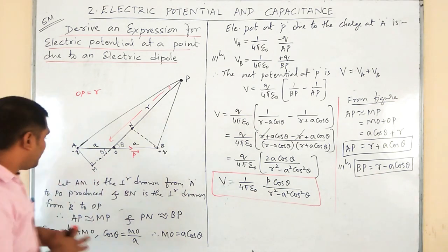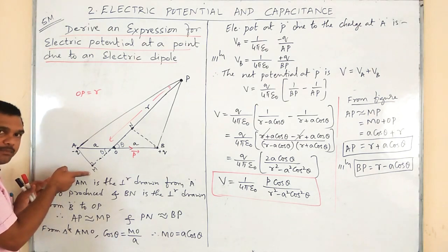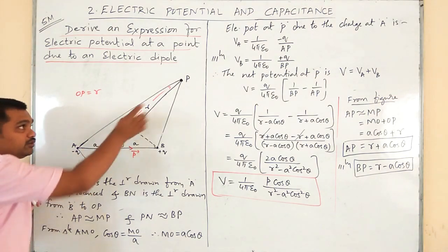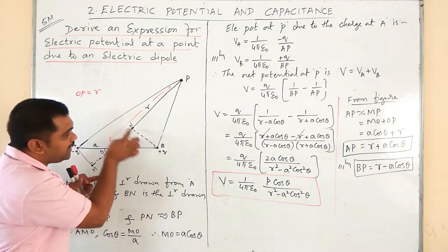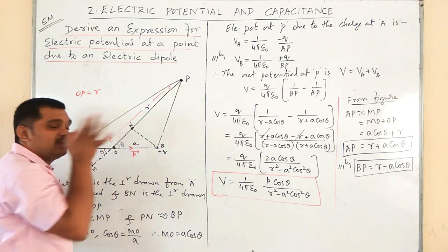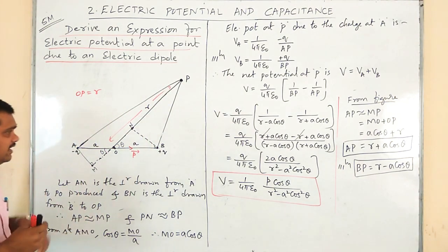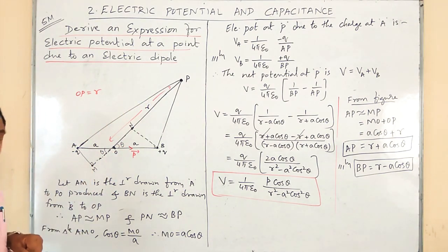For that, what I have written here means, I have considered AM as the perpendicular drawn from A to this line PO produced. Similarly, BN is the perpendicular drawn from B to this line PO. Therefore, AP is approximately equal to MP.